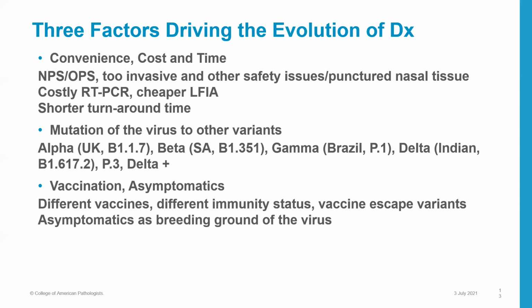Now, of course, the other factor that is happening now is the occurrence of mutations of the virus, leading to the establishment of other variants. And as we know, we have more than 6 variants. Now we have alpha, beta, gamma, delta, P.1, and then P.3 and the delta plus.